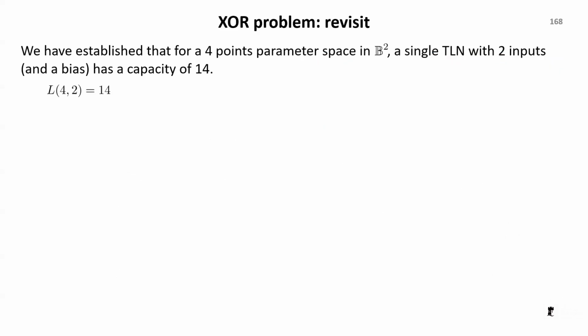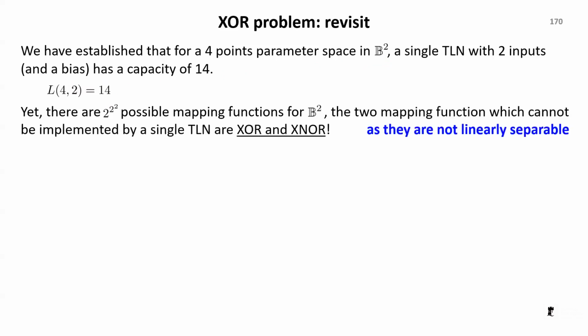We already see the capacity of a perceptron to solve 4 points in Boolean order, dimension 2, is 14. There are 2 to the power of 4 possible mapping functions for Boolean dimension 2.